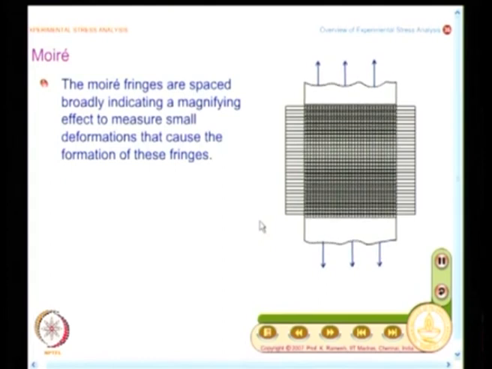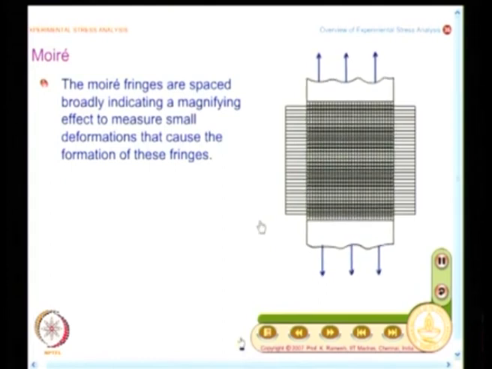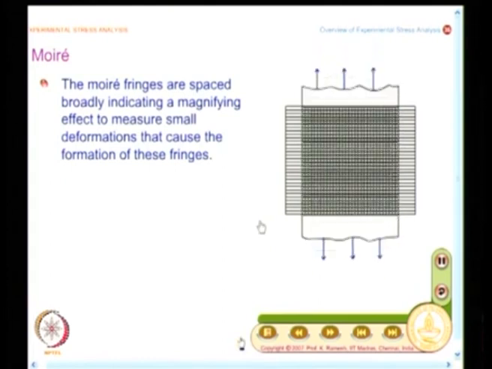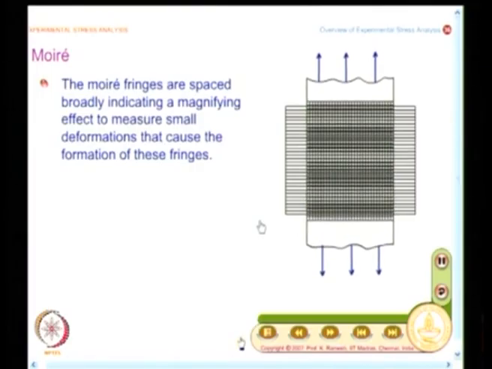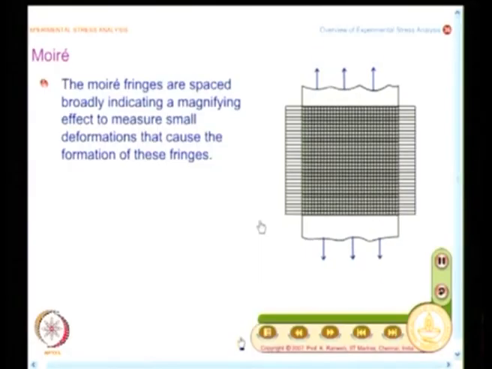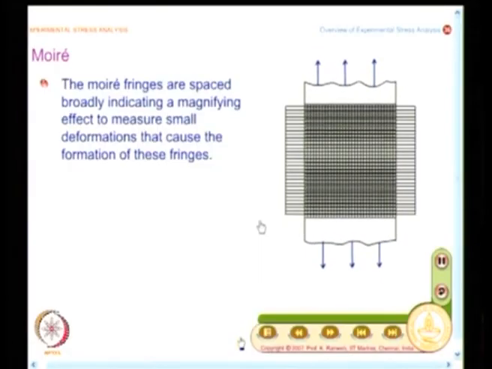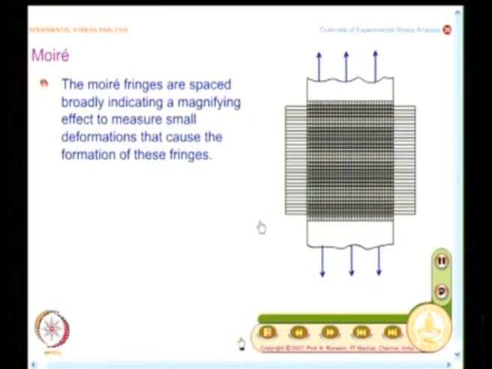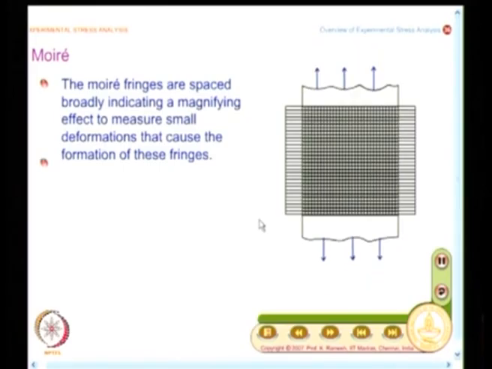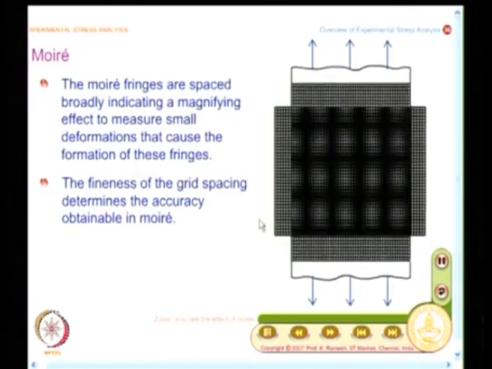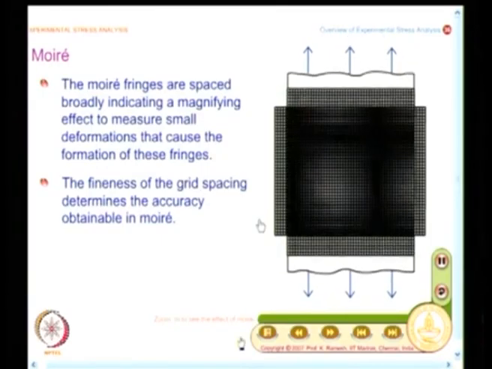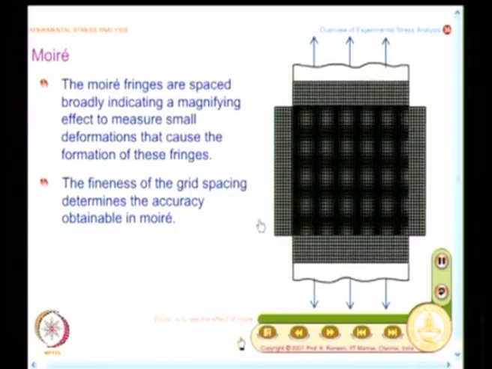So, Moiré fringes are spaced broadly, indicating a magnifying effect to measure small deformations that cause the formation of these fringes. And if I want to improve the accuracy, I need to have finer and finer gratings. So, if I have a finer grating, I have a better chance of measuring small deformation.